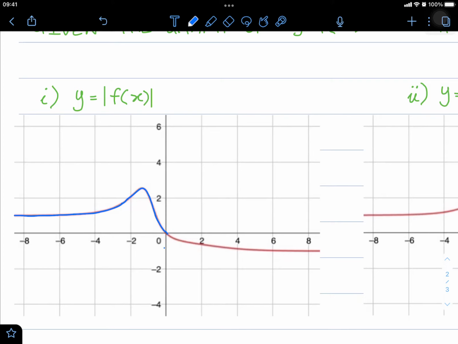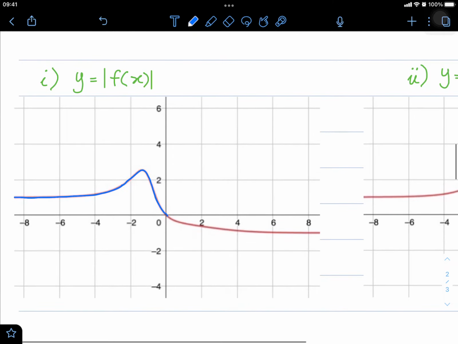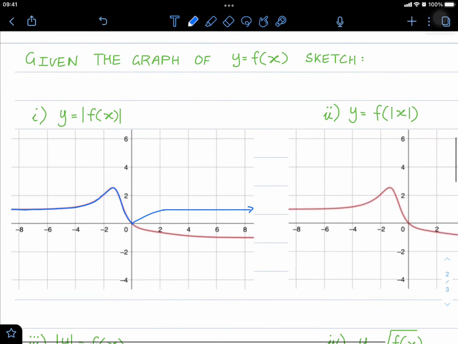There's actually an asymptote here at 1 that I've graphed in, so it should be something similar, or probably not as straight. Let me try that again. Something to this effect. So that there is that function.